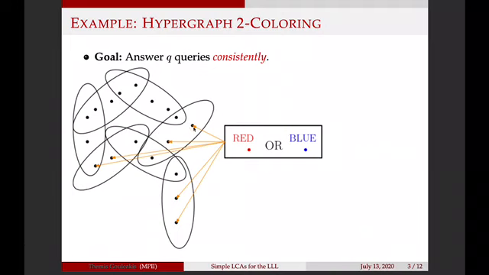What is crucial to note here is that the answers to these queries need to be consistent. By that I mean that the partial solution that we get has to be extendable to a valid coloring of the graph. For example, suppose that the local computation algorithm outputs red on all those 6 vertices. It would not be an acceptable answer since each of these pairs of red vertices forces the third vertex in their respective clause to be blue, and if this happens, we would get a blue monochromatic edge here.